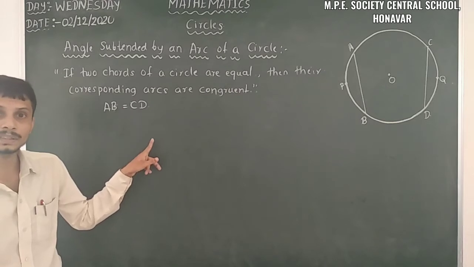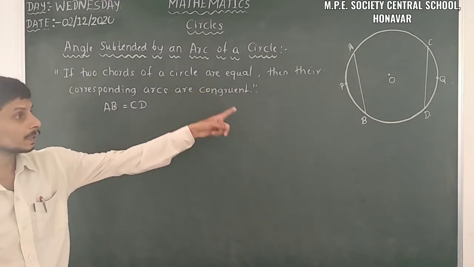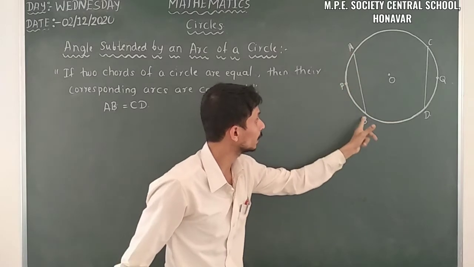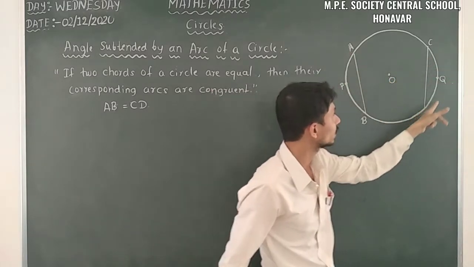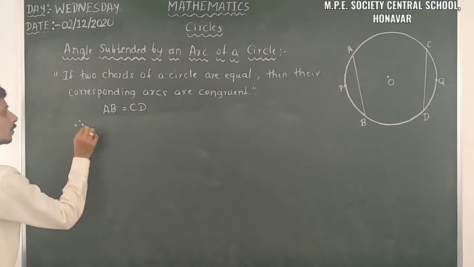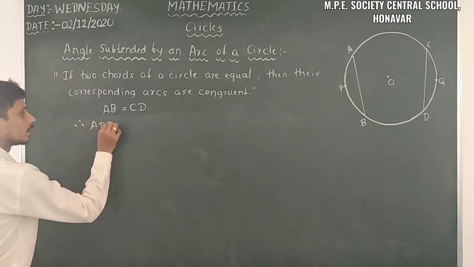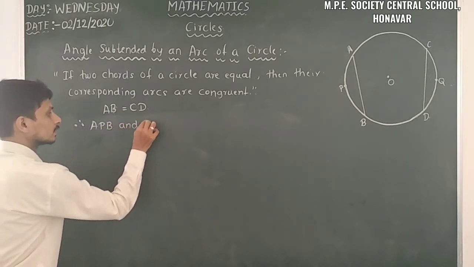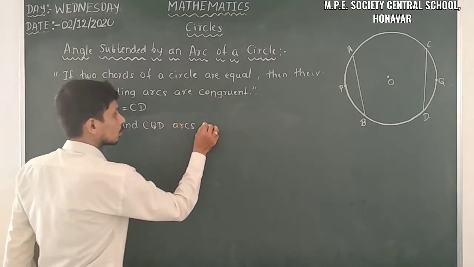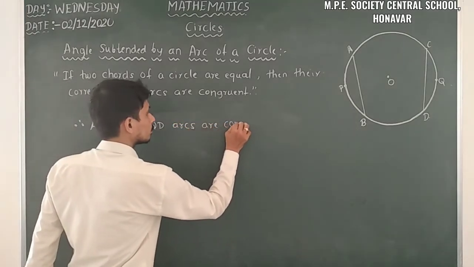Those two are equal, so arc APB is equal to arc CQD. That means this arc APB and this arc CQD, those two are equal. Therefore arcs APB and CQD are congruent.